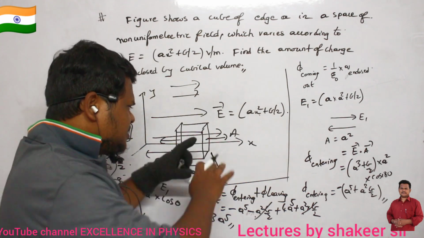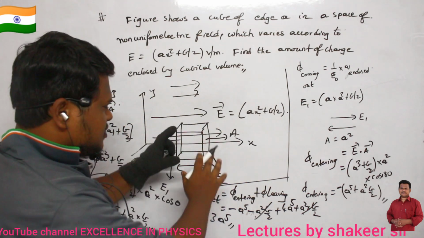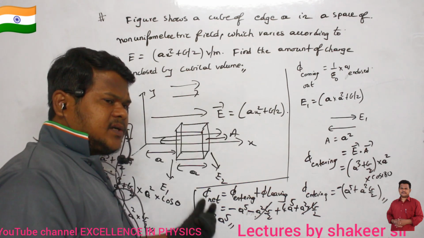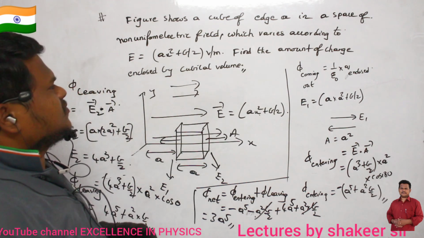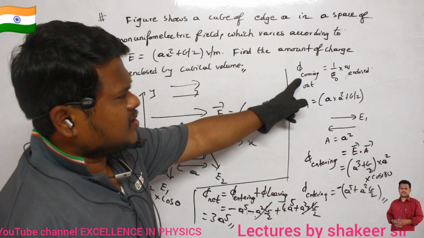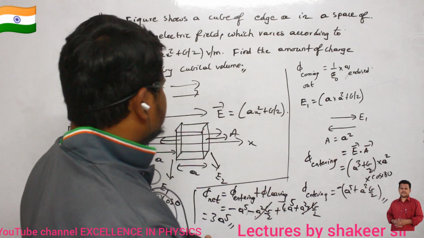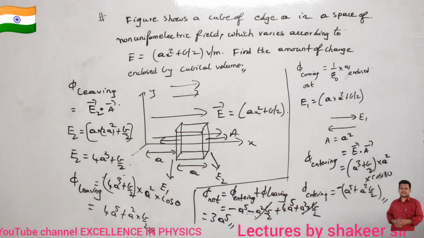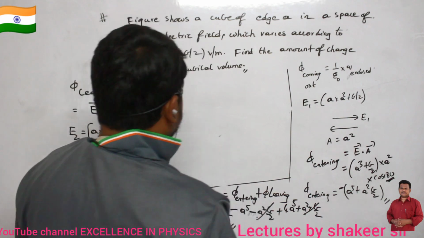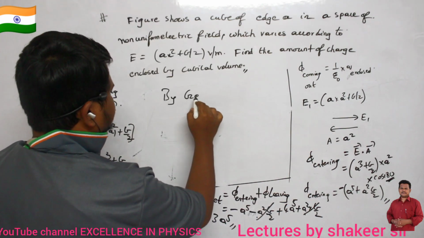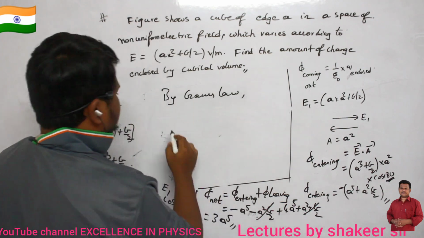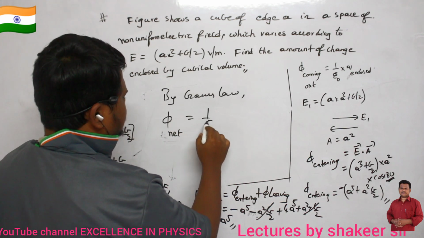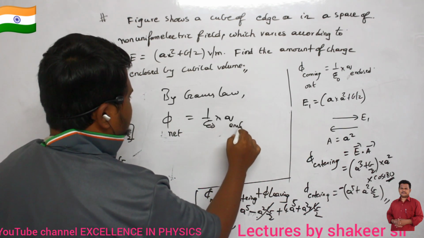This is the net flux coming out of this Gaussian surface. This cube I can take as a Gaussian surface, no? So, net flux coming out is 3A power 5. What we are supposed to find out is the charge enclosed. By Gauss law, net flux coming out of the closed Gaussian surface is equal to 1 by E naught times the charge enclosed.